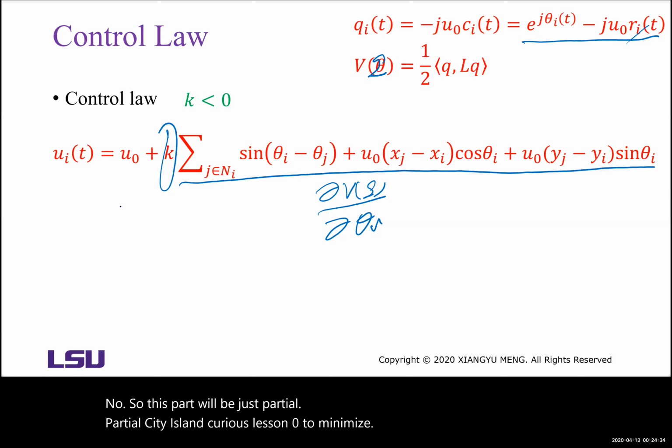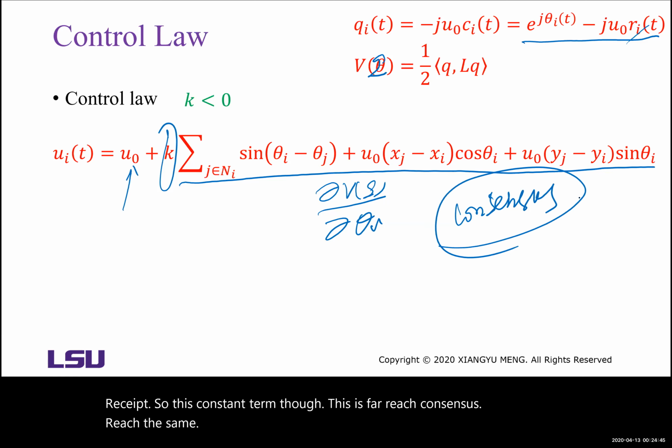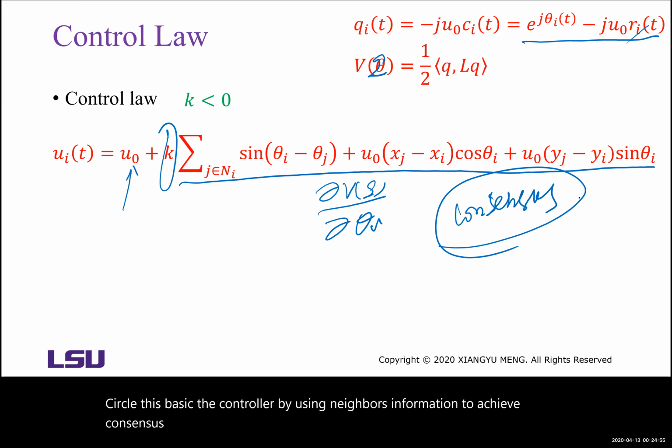The constant term is for reaching consensus. Reach the same circle. It's basically the control law using neighbors information to achieve consensus on rotating on the same circle. So that's all about formation control.